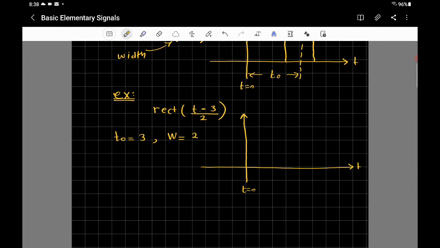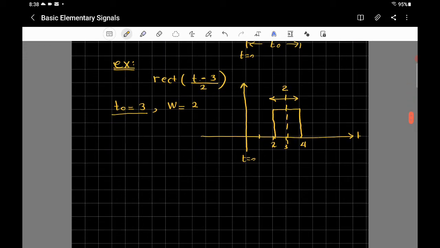So t minus 3 means t naught is equal to 3: 1, 2, 3, and we make the symmetric axis of the rectangular pulse. The width is equal to 2, and since it's symmetric, you will have 1 to the right and 1 to the left of the axis of the pulse itself. So that's equal to 2, and that's equal to 4. And as you see, the width from 2 to 4 is equal to 2.